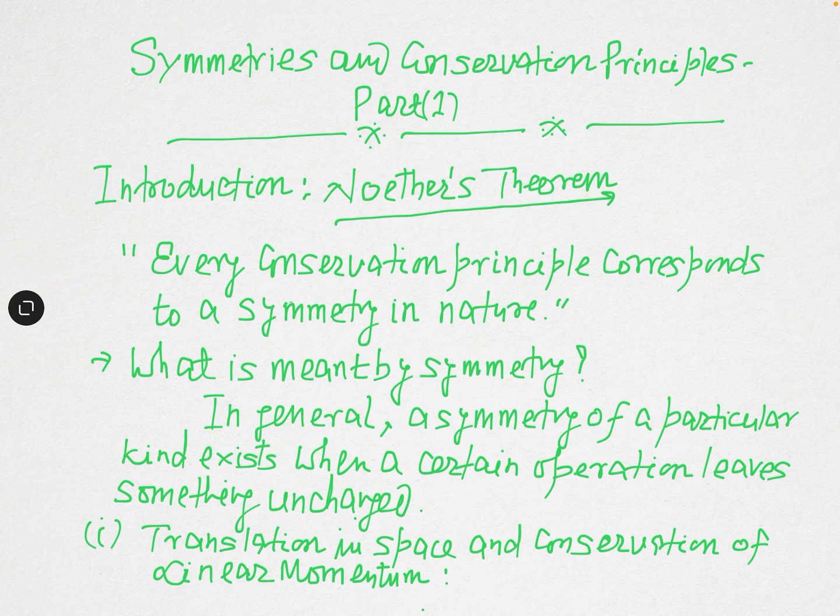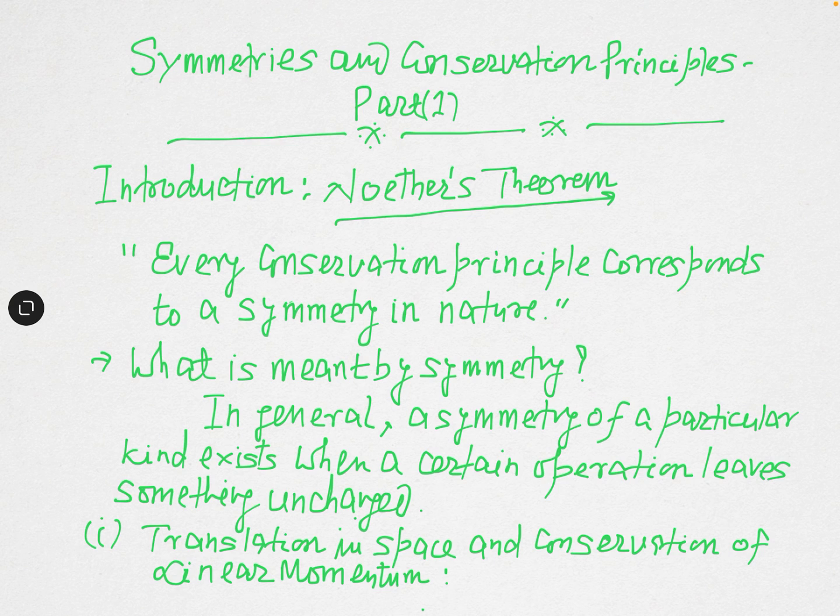in space is the translation in space, and this translation leads to the conservation principle of linear momentum. You can say that space is symmetric under translation. What does it mean? It means that the laws of physics do not depend on where we choose the origin of our coordinate system to be.